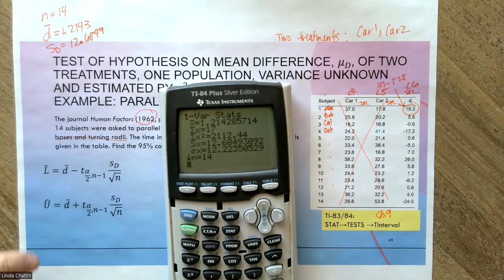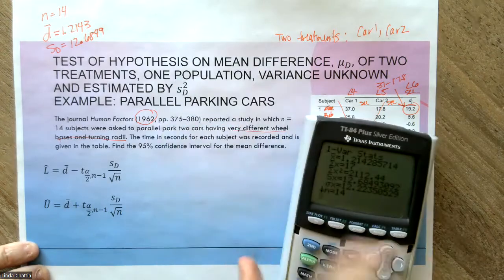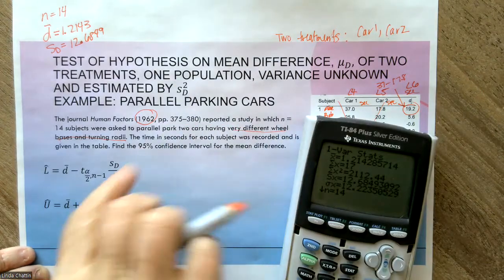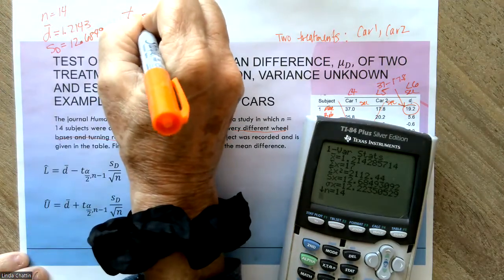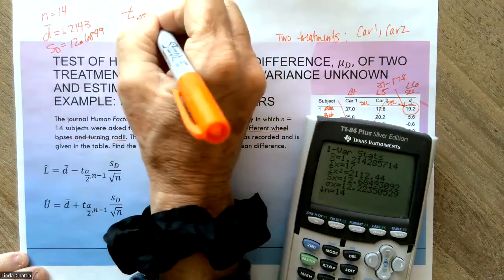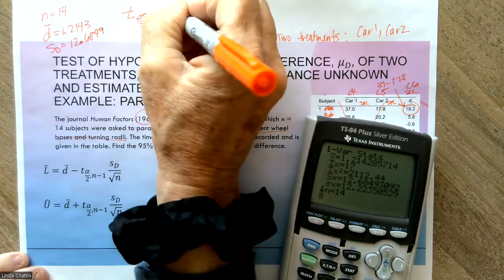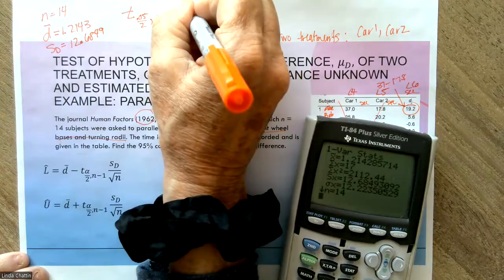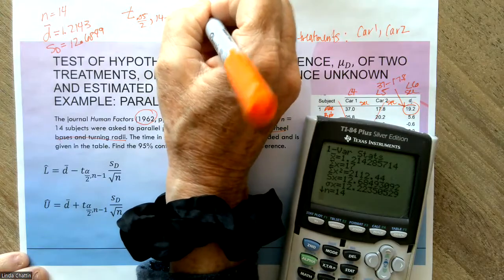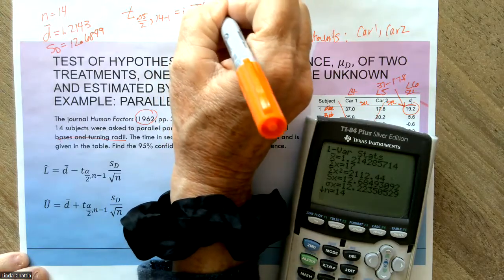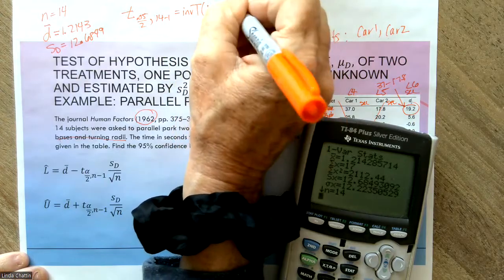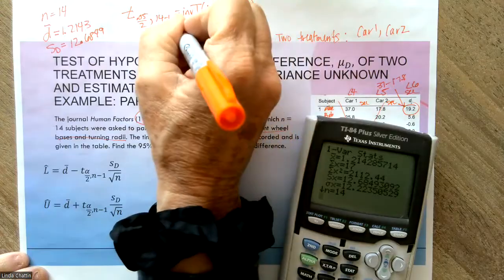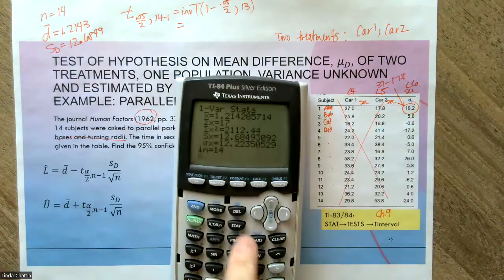And the other value that we're going to need, we know that alpha is going to be 0.05. So I'm going to need T of 0.05 divided by 2, comma, 14 minus 1. And we know how we can get that, by doing the inverse T function, telling it the area below, which is 1 minus 0.025, and then 13 degrees of freedom. I actually have not done that, so let me just do that.